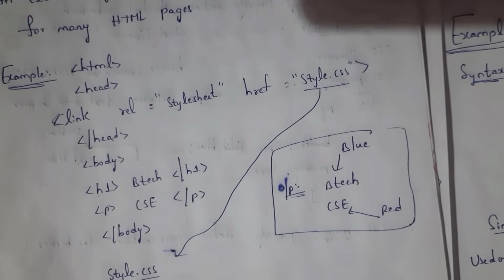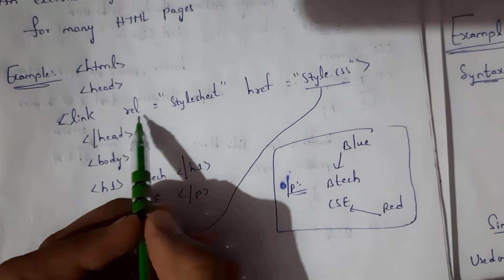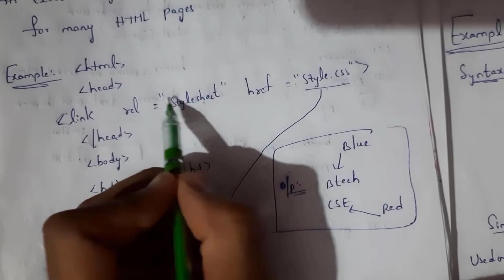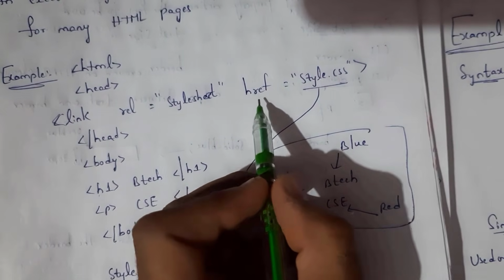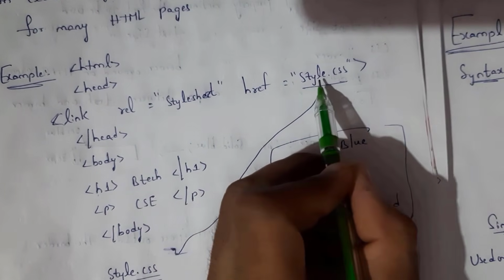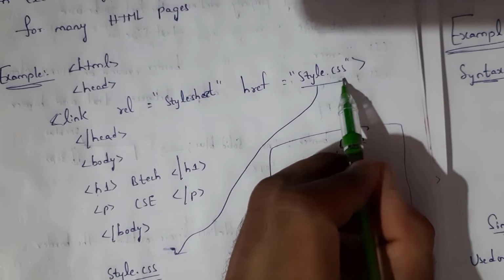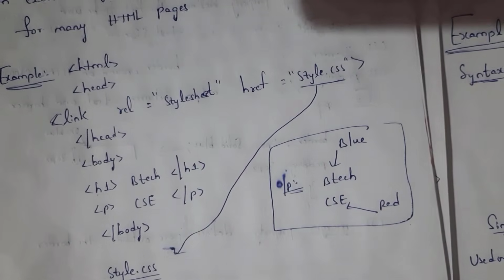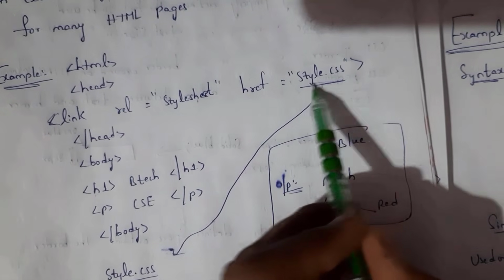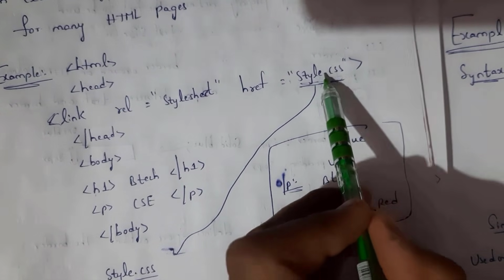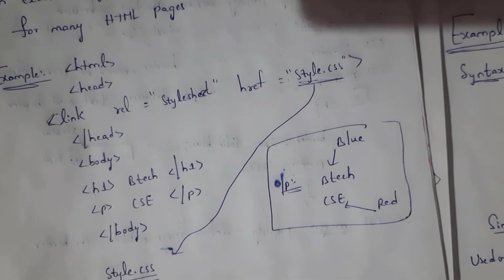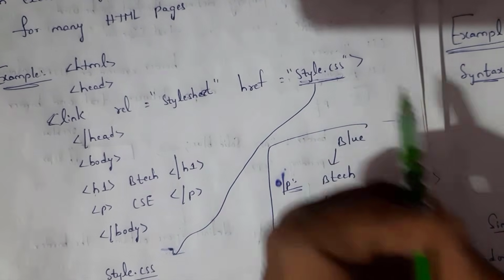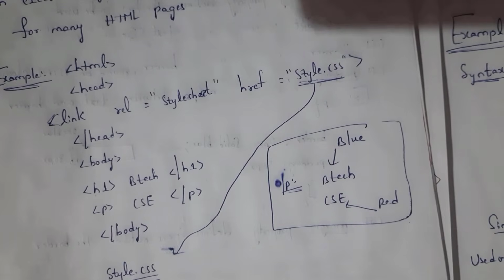REL stands for relation, the relation is style sheet, and href stands for reference, that is style.css. By writing this, we are linking this HTML document with CSS, and this style.css is a separate file. In it, we are going to write a separate program for this CSS.